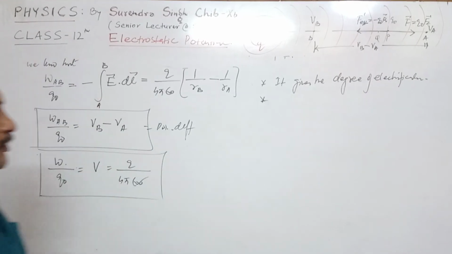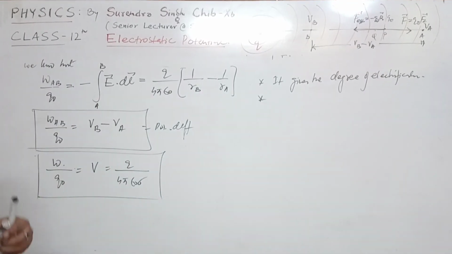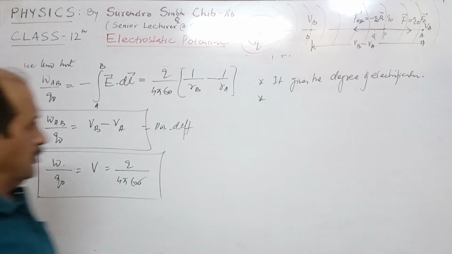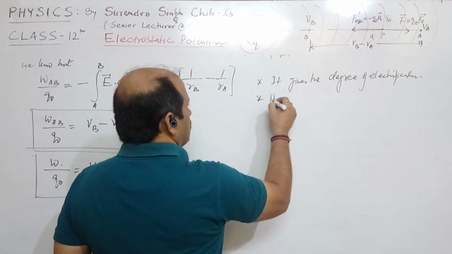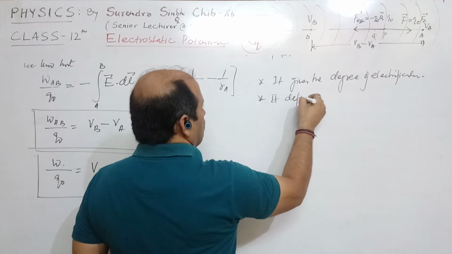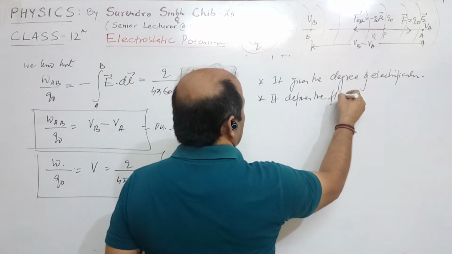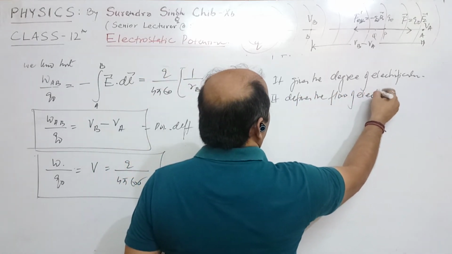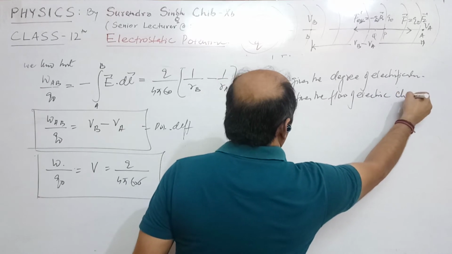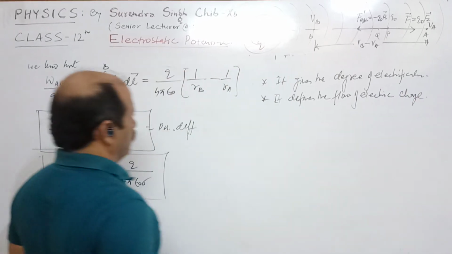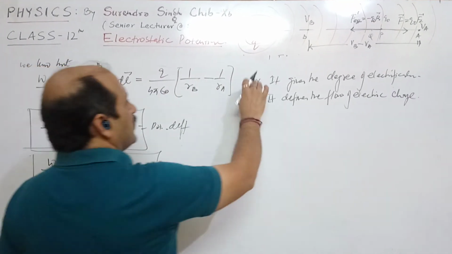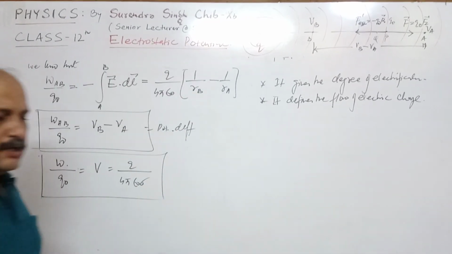दूसरा ये बताता है हमें कि how much it defines the flow of electric charge. It defines the flow of electric charge. हमें बताता है चार्ज कहां से कहां फ्लो करेगा. पहला तो बताता है कि how much it is electrified.